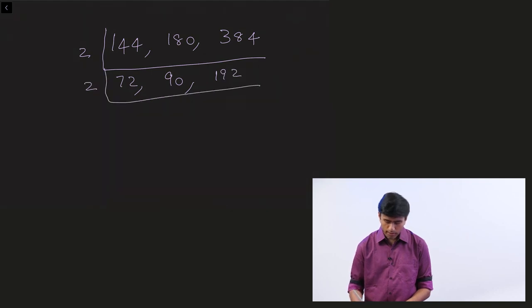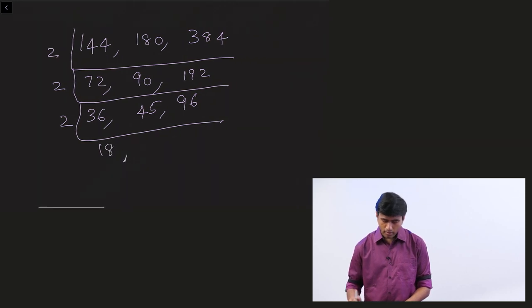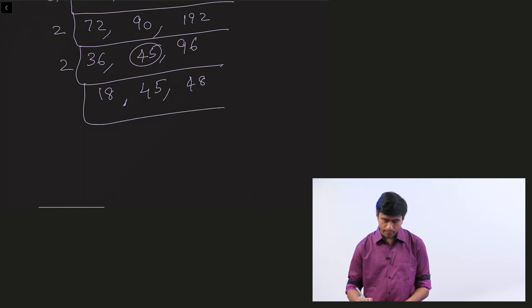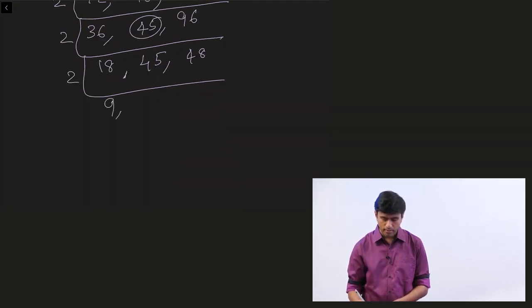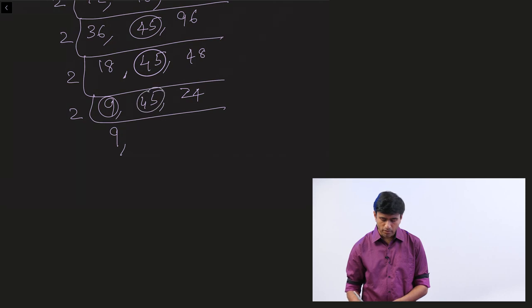2, 36, 245 is 90, 296 is 192. Let's take 2, 18 here. 45 is not divisible by 2, so it is brought down as it is. 240 2. 9s, 45 again is brought down as it is because it is not divisible by 2. 224s. 2, 9 is also brought down as it is because it is not divisible by 2.